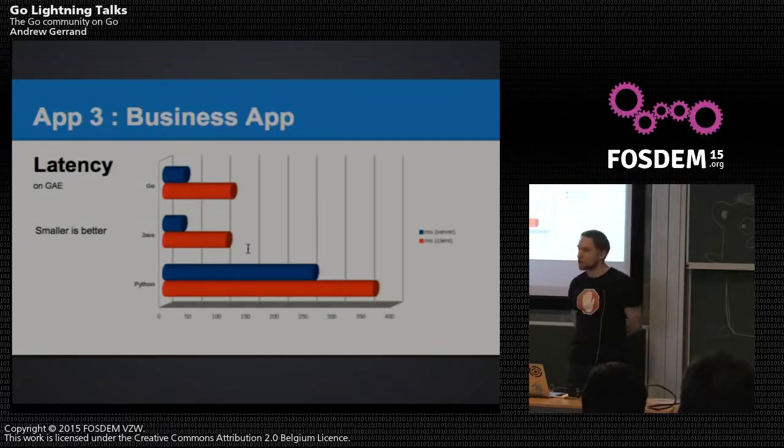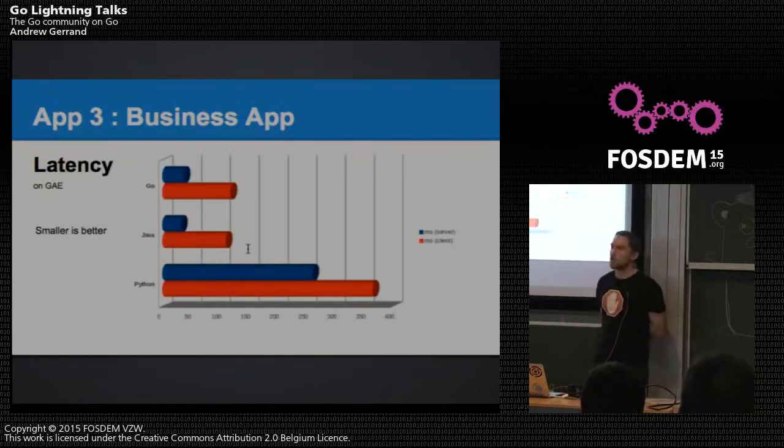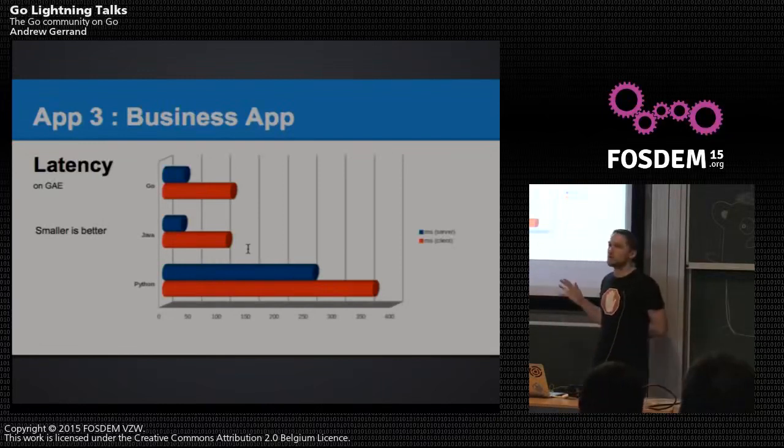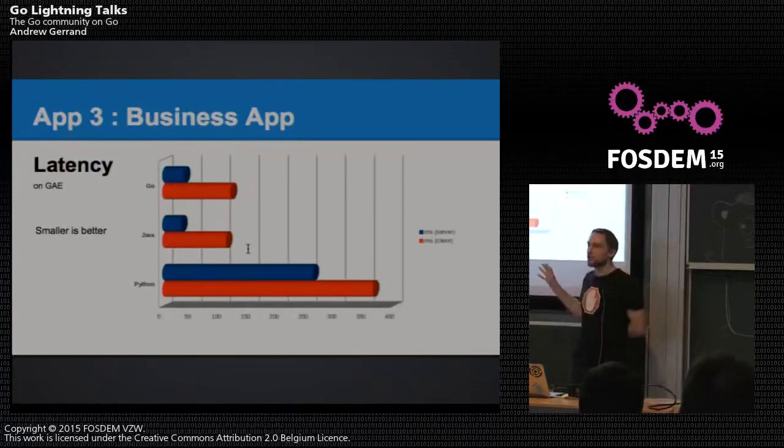Python is slower by almost one order of magnitude. And I did not have the time to implement the same in PHP because PHP does not have the native library to access the datastore. So instead, I would have had to implement some RPC calls, and I did not do it, sorry.